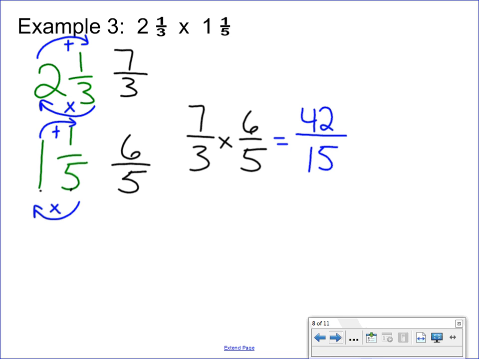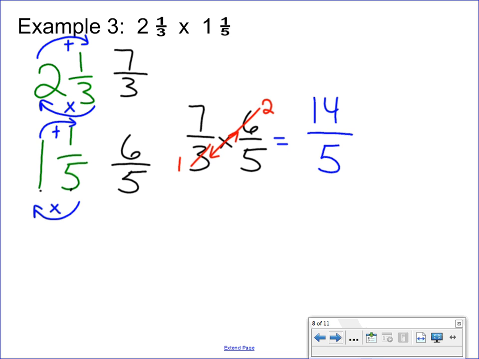So let's try something a little bit differently here. I notice that both the 6 and the 3 are divisible by 3. 6 divided by 3 is 2, and 3 divided by 3 is 1. Now that I've done that, I would be taking 7 times 2 is 14, and 1 times 5 is 5.